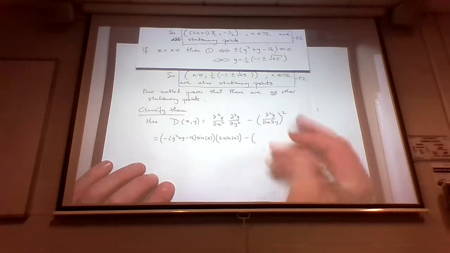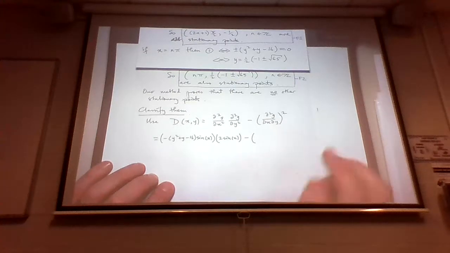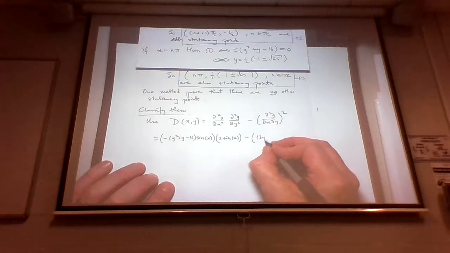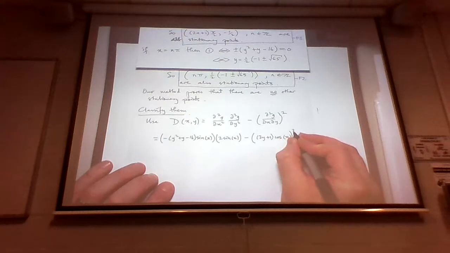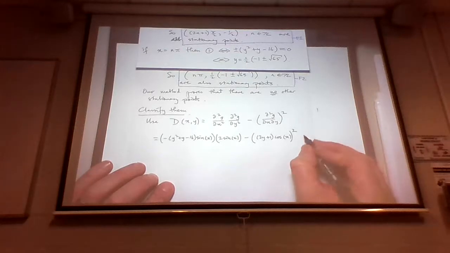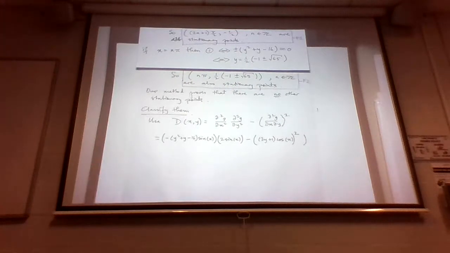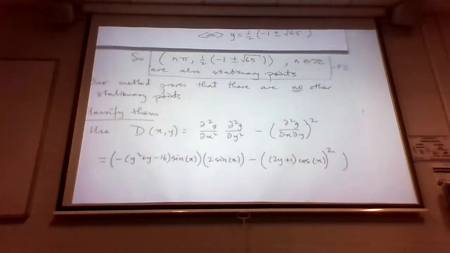And then it's minus the square of this one, which is 2y plus 1 cosine of x. So that's what the Hessian determinant looks like.